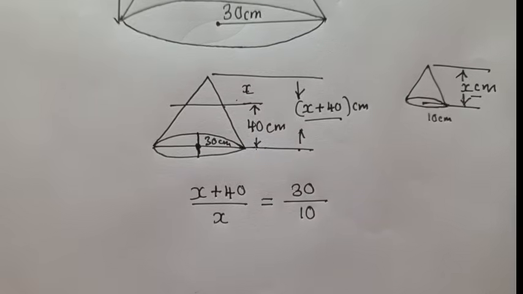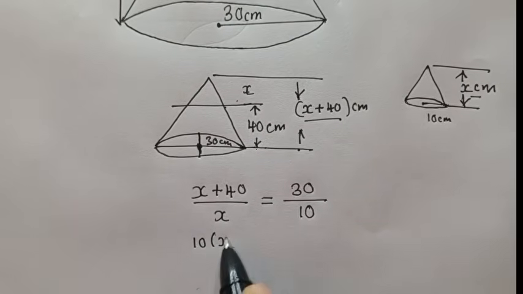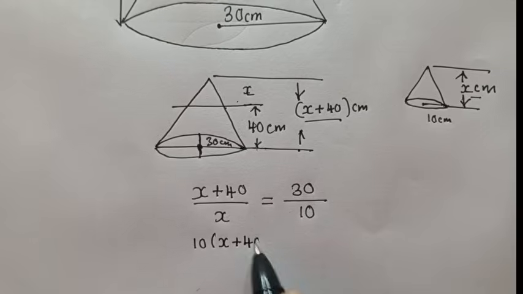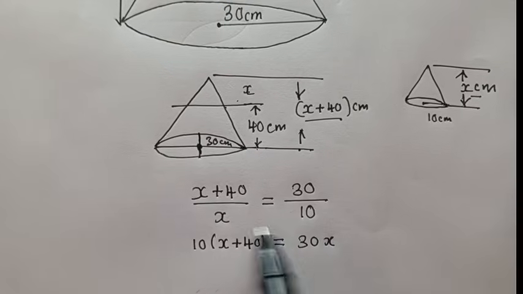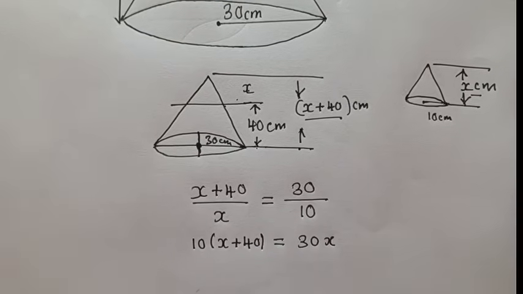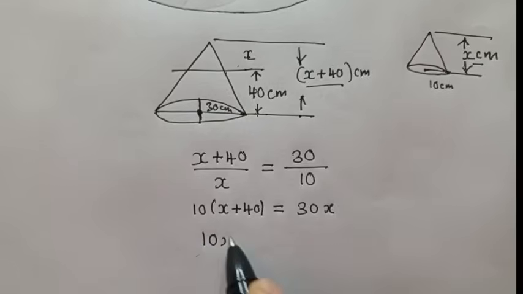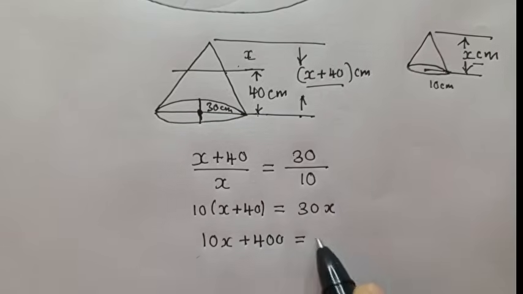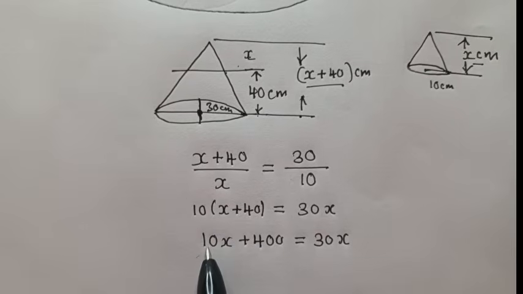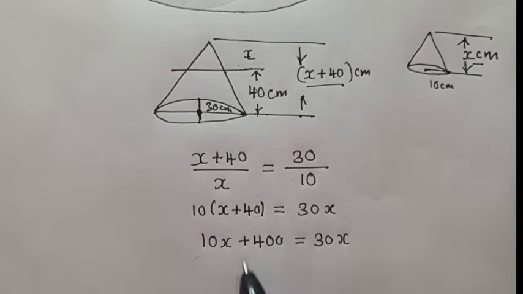So we solve for x. We cross multiply: 10 open bracket x plus 40 is equal to 30x. We get rid of the brackets: 10 times x is 10x, 10 times 40 is 400.